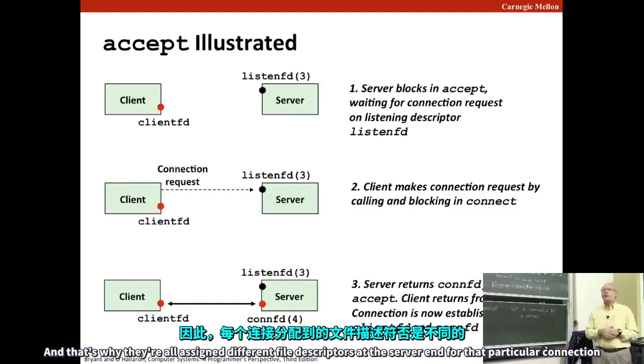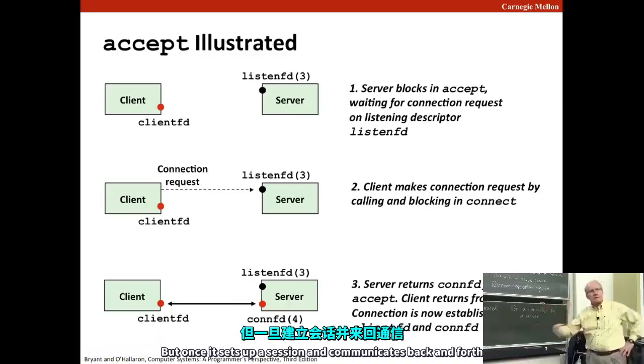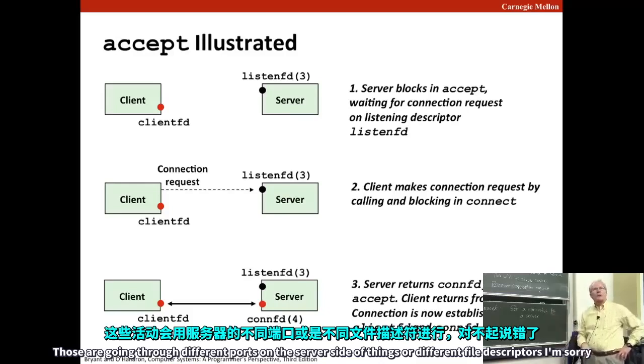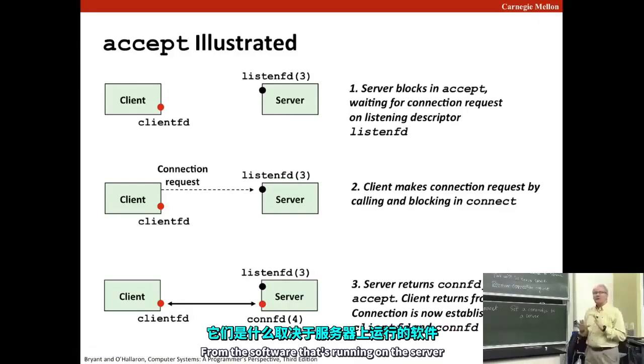And that's why they're all assigned different file descriptors at the server end for that particular connection. You can think of the listening file descriptor as just listening for incoming requests for connections. But once it sets up a session and communicates back and forth, those go through different file descriptors, I'm sorry, same port, different file descriptors, from the software running on the server.